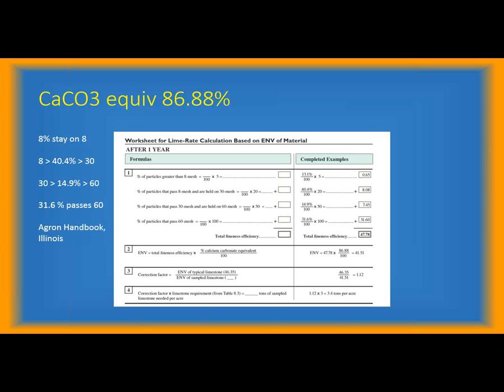In this case, we had a calcium carbonate equivalent of 86.88, and this fineness efficiency of 47.78. Those both go into the final calculation, and you come up with an amount of limestone. So you can take a look at that particular calculation. I'm not sure of the certainty of that popping up on this exam.